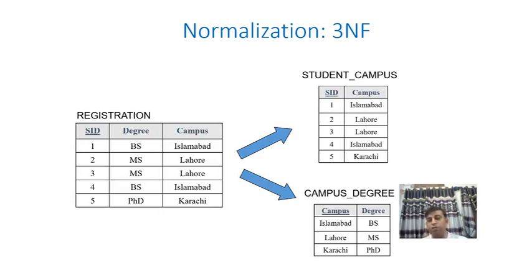Campus is fully functionally dependent on student ID. In the other table, the campus degree table, we have specified campus as the primary key and degree as the non-key attribute. Now degree is dependent on the campus. Now these tables are in 3NF.